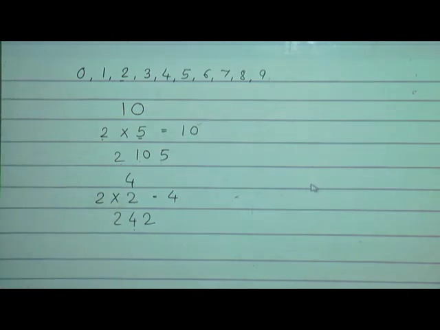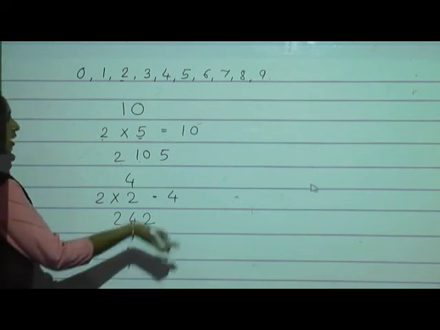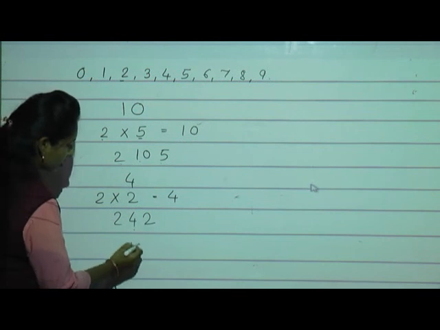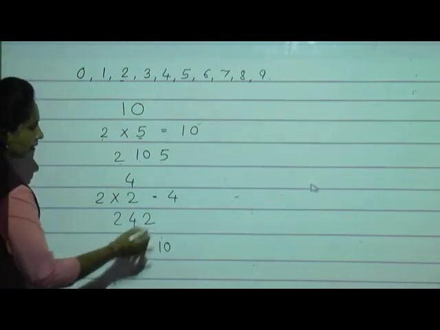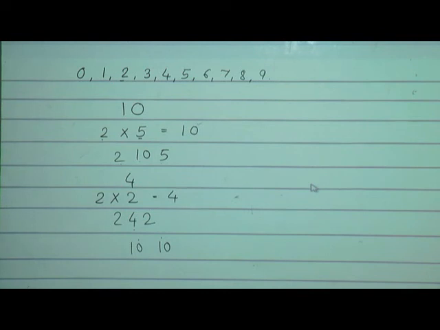Now 4 became friends with 2 and 2. In the same way, similar numbers can be friends of the same number, like 10 is a friend of 10.